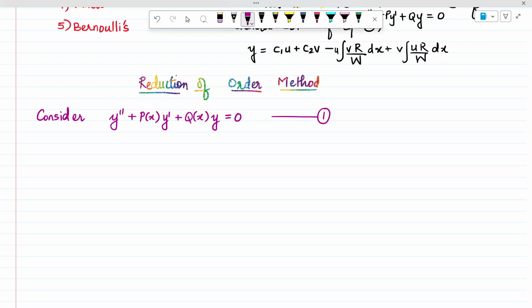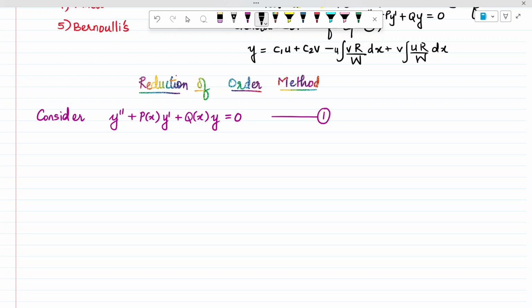Our search is, because this is a second order differential equation, to find two linearly independent solutions. A second order has two linearly independent solutions, a first order has only one, a third order has three, and accordingly an nth order has n linearly independent solutions. Okay? So first we have to find one, and then apply the reduction of order method to find the other.